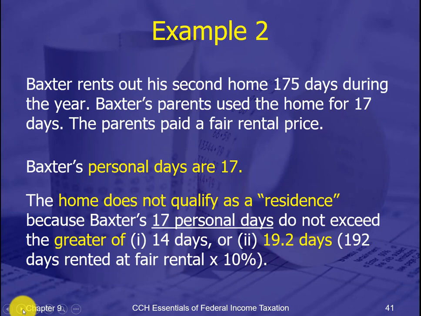It does not qualify as a residence because 17 days is not bigger than the greater of the two, notice, 14 days or 19.2 days, 10% of the fair rental days. So those 17 days saved us this time because they paid fair rental price, and this is not a residence, and therefore it could have more expenses than income.